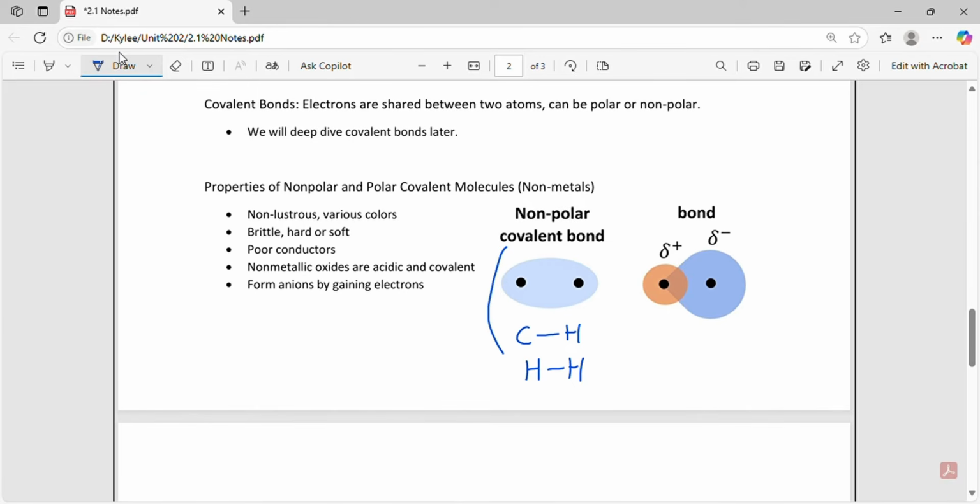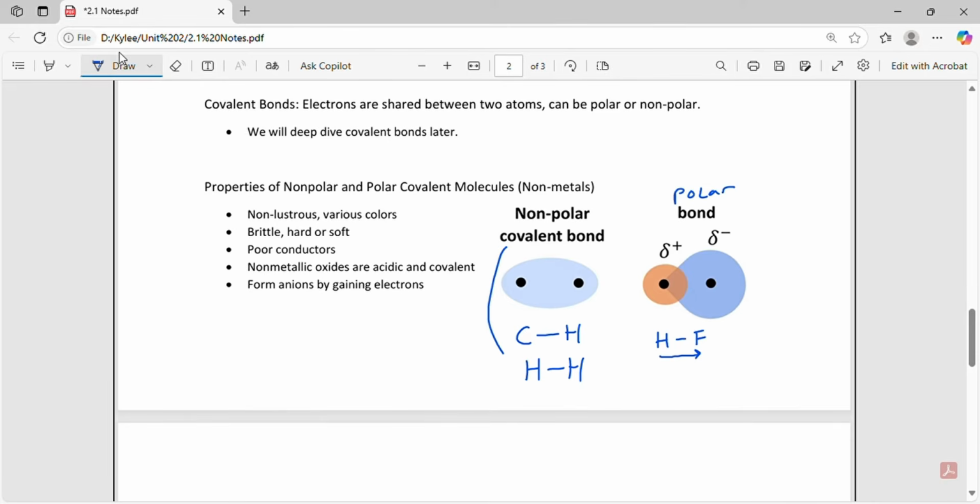But when we have something that is polar, that means that there is not an equal sharing. So in this example, the electrons are being pulled more towards the blue atom. Let's say, for example, this was H. Well, fluorine is way more electronegative, and so the electrons are being pulled this way towards fluorine.